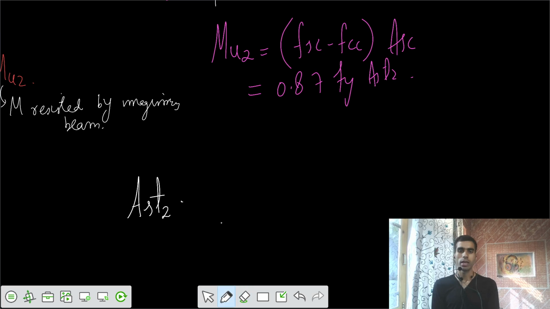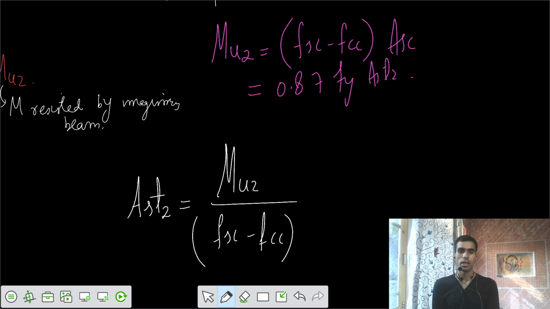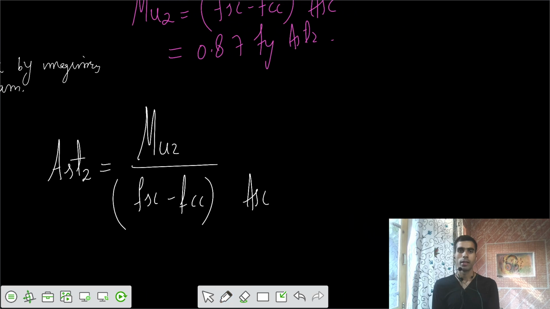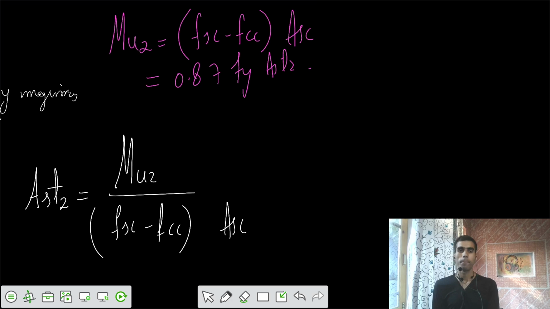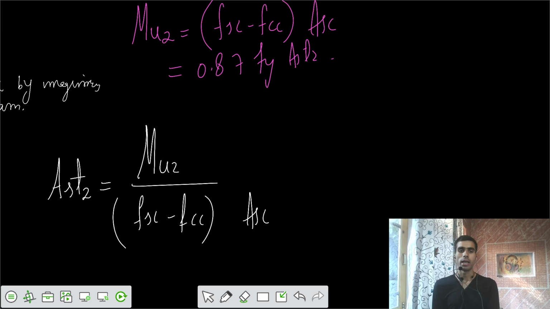Finally, can you get the value of AST2? What should be the area of the steel provided for the imaginary beam? That would be equal to Mu2 by FSC minus FCC into ASC, and we have this factor of 0.87 also there. Is it correct? Yeah, it's not correct.